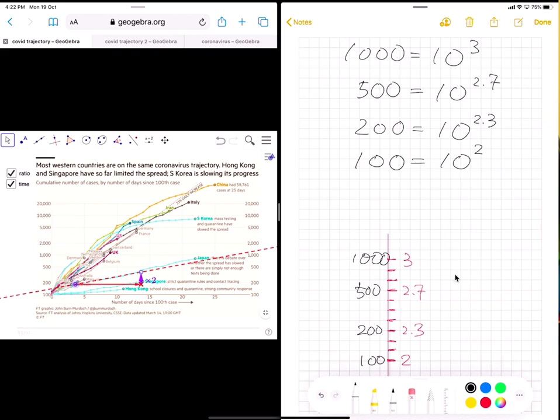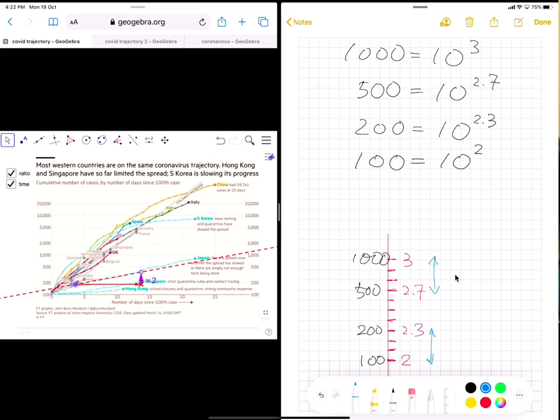Now, let's have a check about the ratio from 2 to 2.3. Okay, this distance of 0.3 represents a factor of 2, right, from 100 to 200. And similarly, the same length here also represents a factor of 2, 500 to 1000.